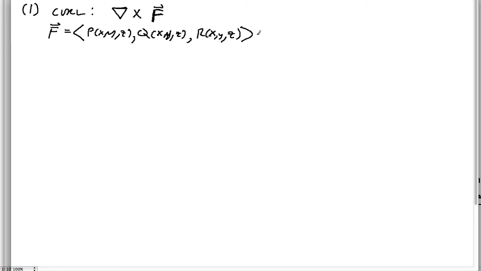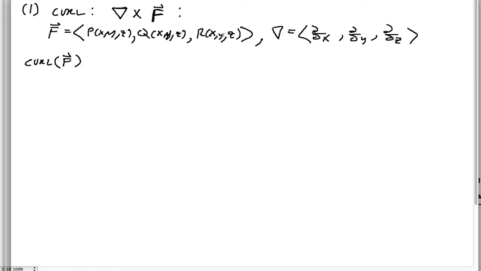And I'll again write down what our gradient operator is. There are no functions in here, but it's the partial with respect to x, the partial with respect to y, and the partial with respect to z. And now the cross product, we have to remember what this means. We define this as the curl, and we usually put our f there as an input.